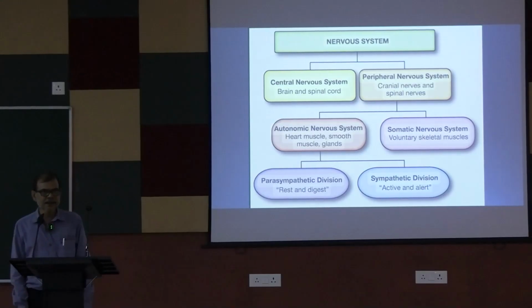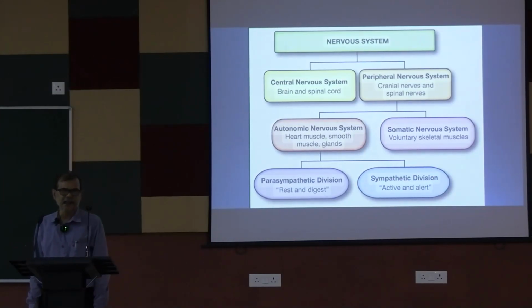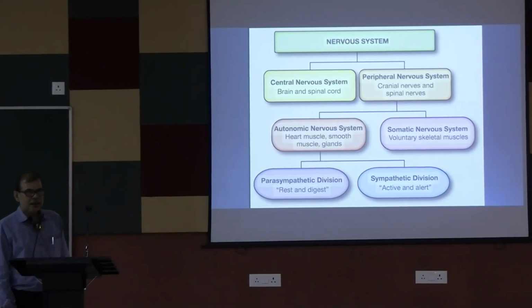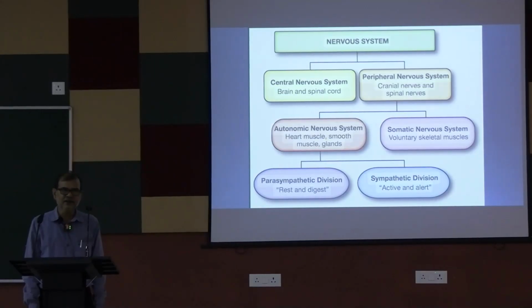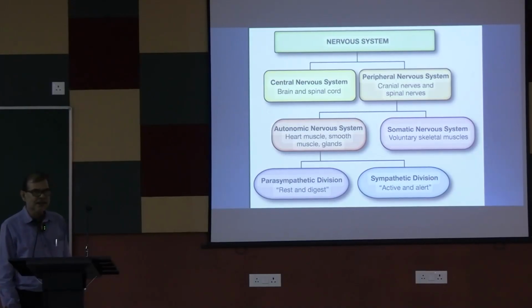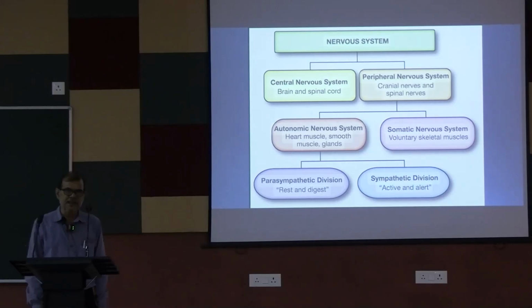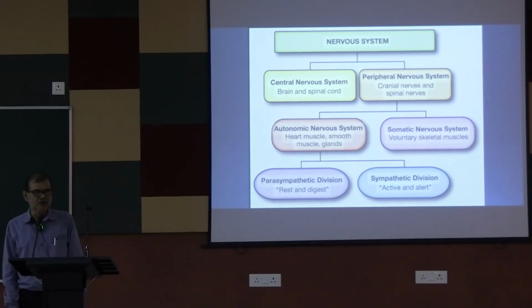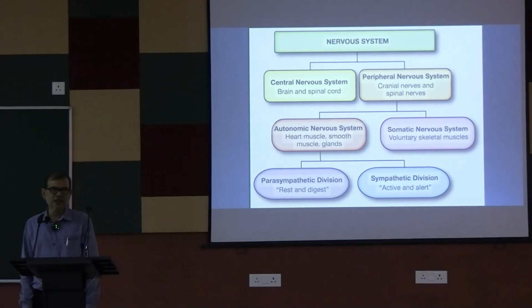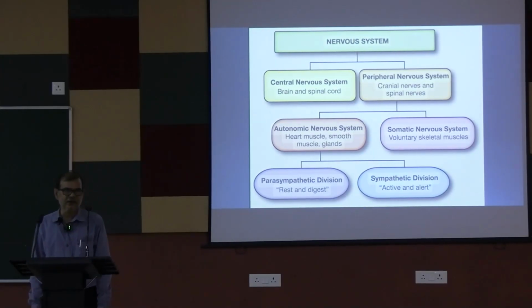So in the somatic division, the afferent component is the sensory information from the environment, and the efferent component is the motor information provided by the central nervous system, or motor system, responsible for the conscious voluntary movements of the skeletal muscles, that is the effector organ.